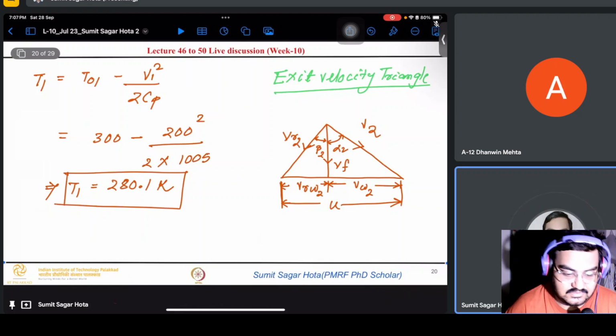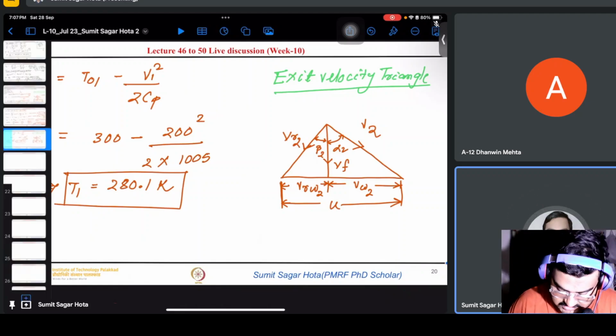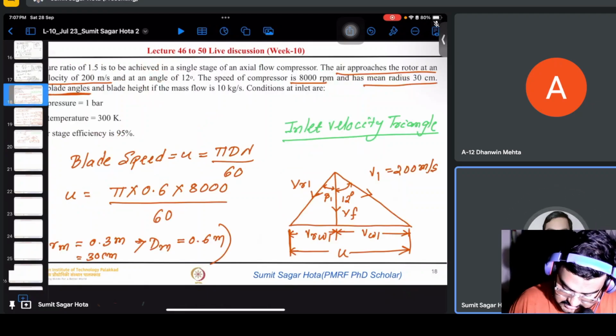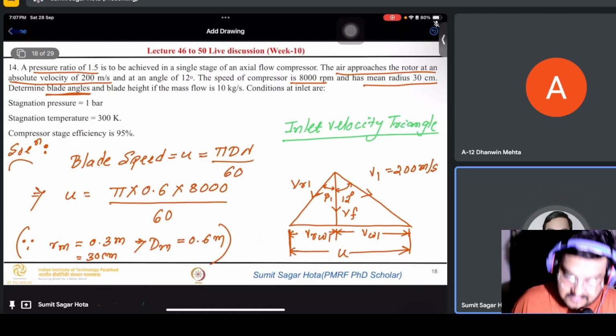Now we have T1. Now we need the change in temperature T2 minus T1, because you see in the question, the first line is the pressure ratio of 1.5.